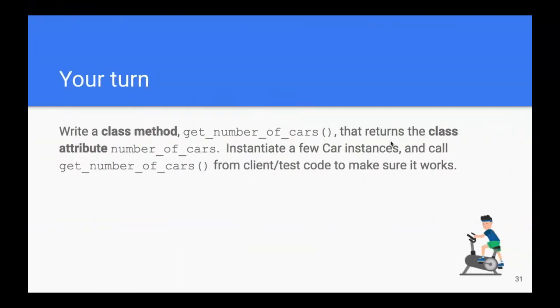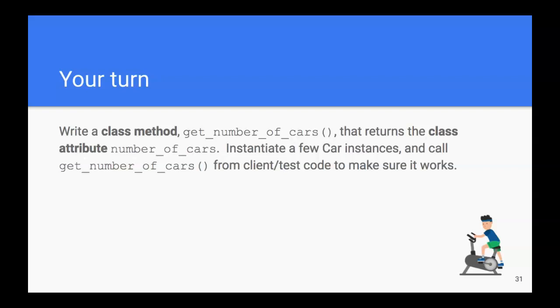So we're going to write a getter for the class attribute. We're going to call this get number of cars, and it should just return the class attribute number of cars. Instantiate a few car instances, call it from the client code, and make sure that it returns the right number for you. Okay, so pause the video, go ahead and write this class method.